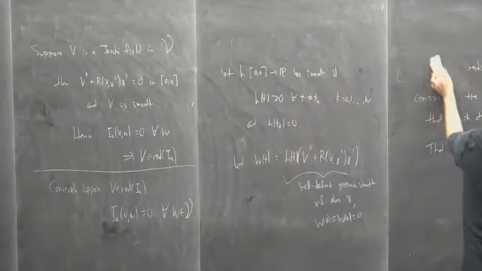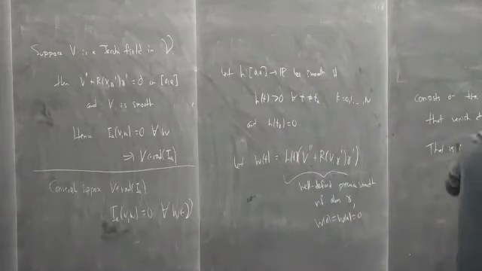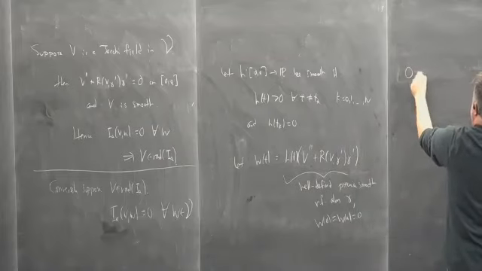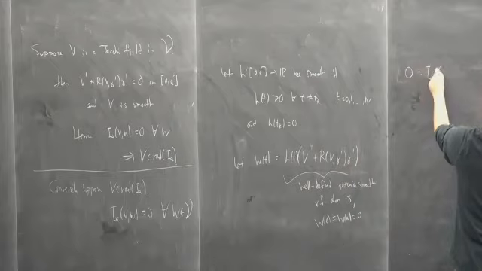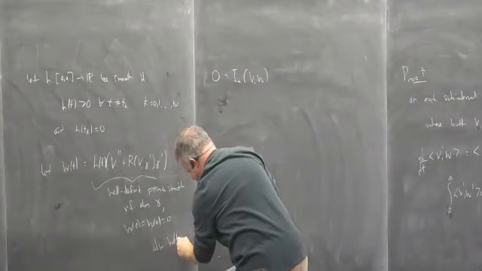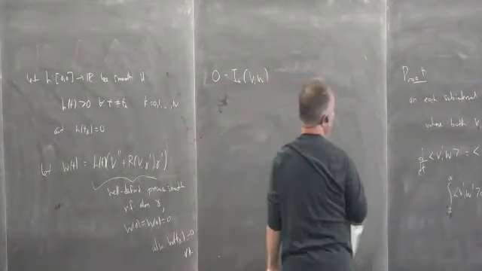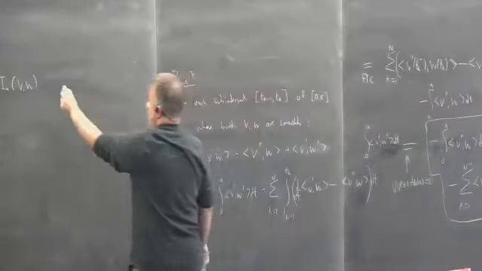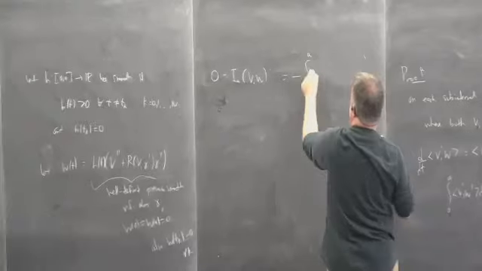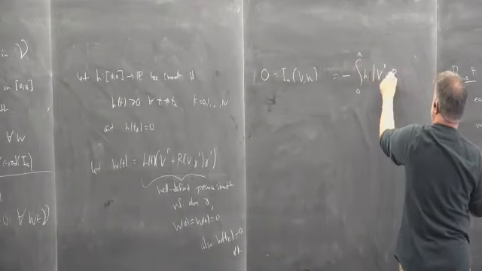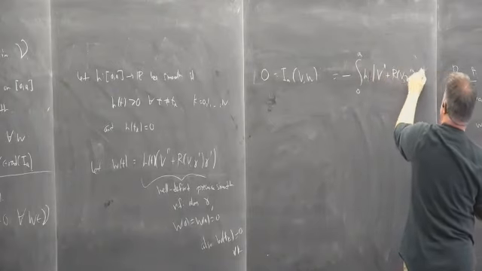So we're going to put that guy into the formula on the right. So 0 is equal to IA of V, W. And notice also W of tk is 0 for all k. So when I put it in here, this term is going to drop out because I chose my W to vanish at each of those points. And then this is going to be minus the integral from 0 to A of H of t times the norm squared of V double prime plus R of V gamma prime gamma prime.